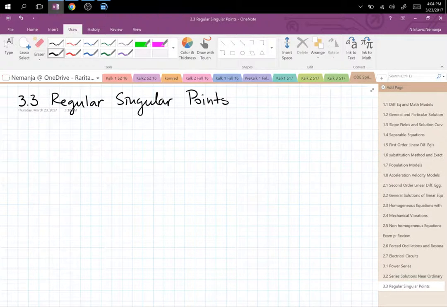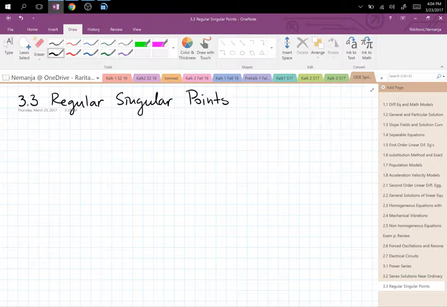The lesson today is on regular singular points, and it is part of power series solutions to differential equations.